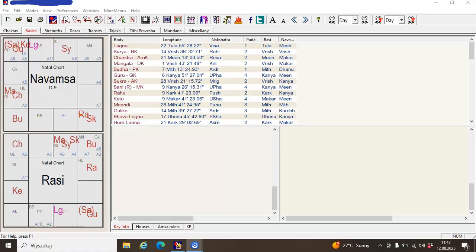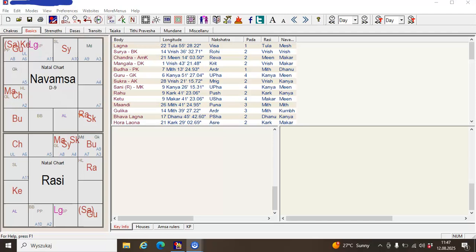That's what we do in Chara Dasha, but not in Navamsha Dasha. In Navamsha Dasha, we consider only Mangala and Shani as the rulers of Vrishchika and Kumbha Rashis respectively. So I hope that's clear.